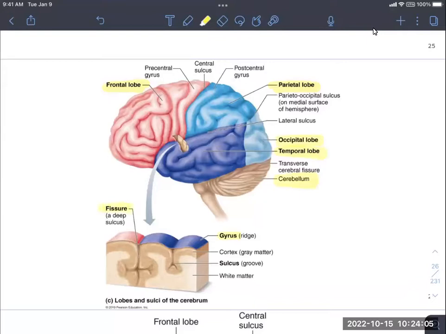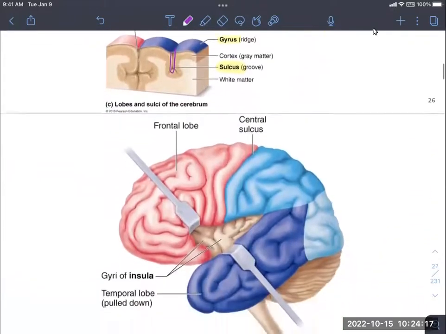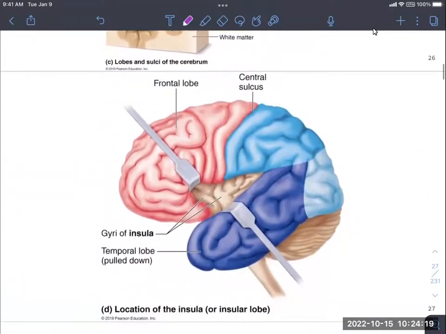Well, that fissure is a deeper sulcus, but here is that sulcus. It's not so deep. Here is that insula. I told you it was deep to that area. It is deep to that frontal, parietal, and temporal lobes.